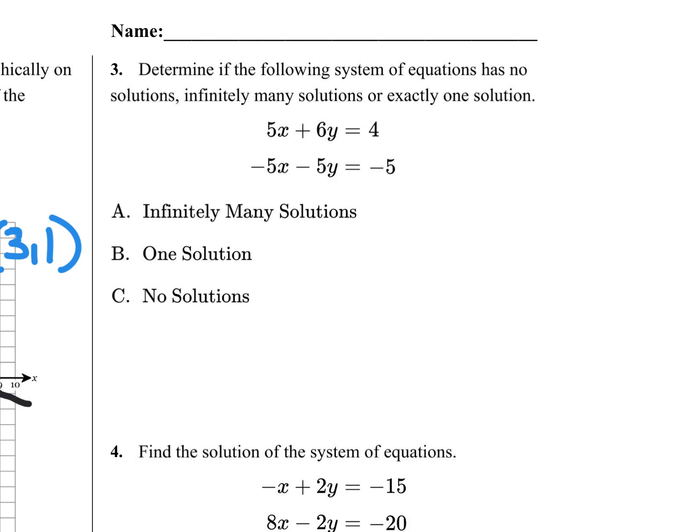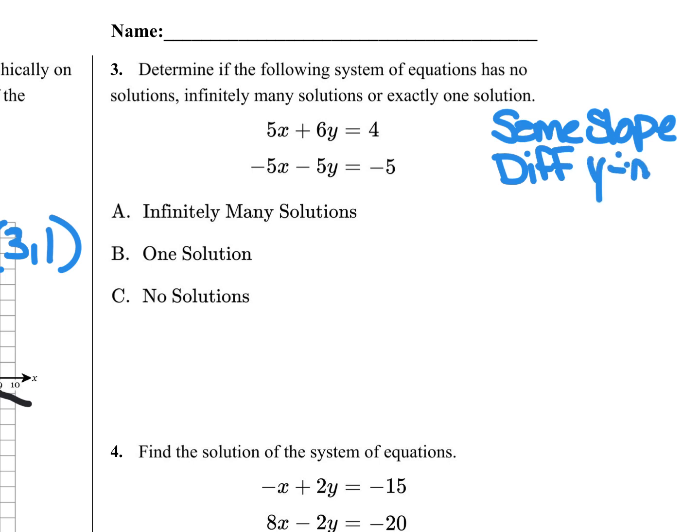All right, and we said that if they have the same slope but different y-intercepts, then that means they're parallel lines, right? And parallel lines never intersect, so that's no solution.